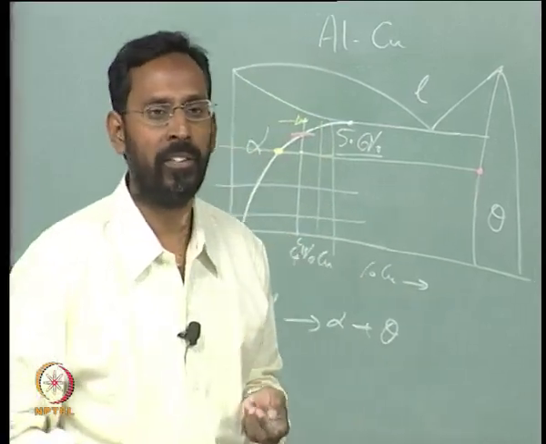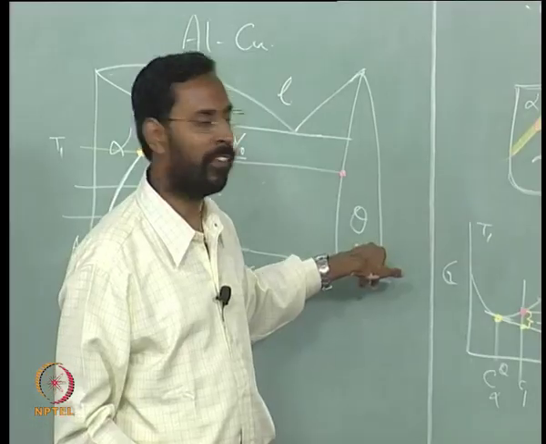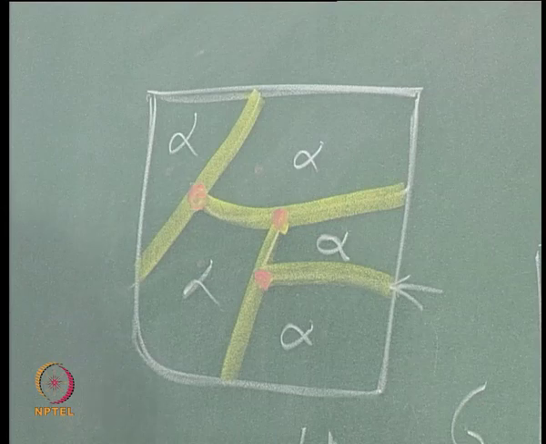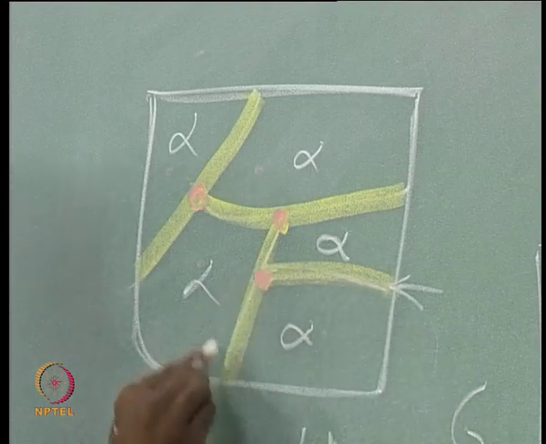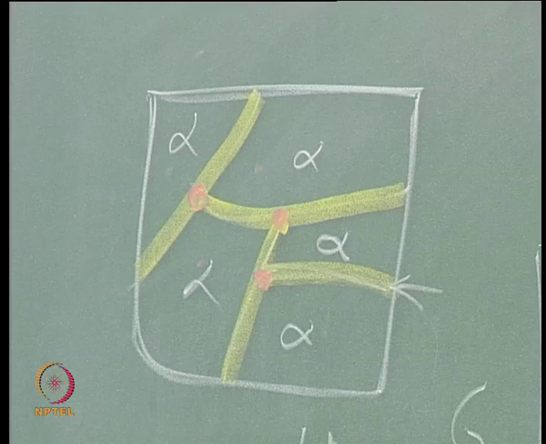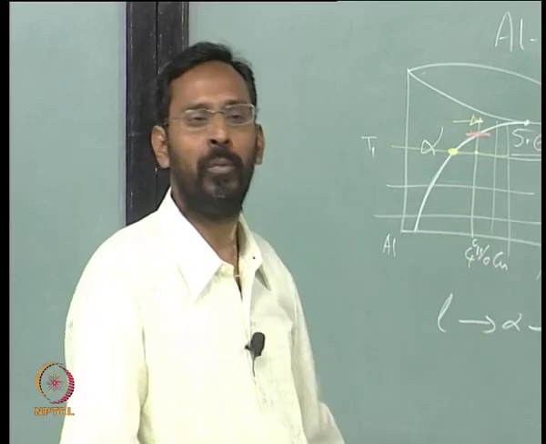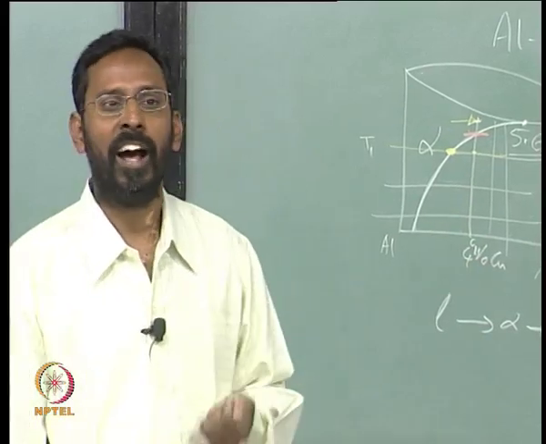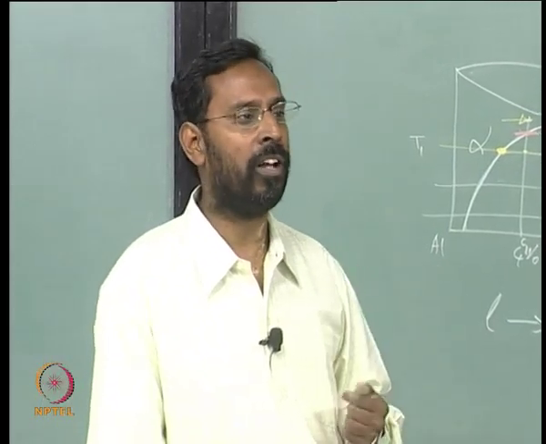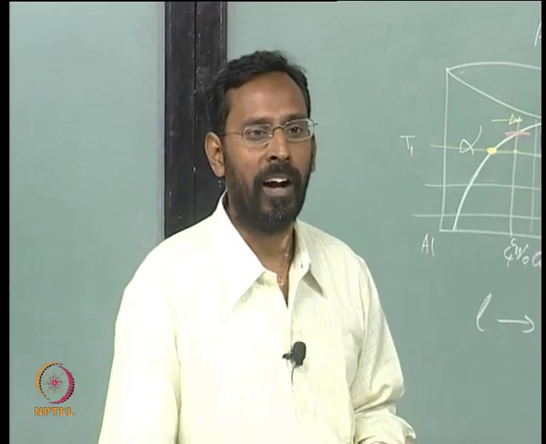Because this is an intermetallic, brittle phase, any crack nucleated here can easily grow through it, and as a result you get intergranular cracking, which makes the alloy very brittle. This is what we do not want, and that is why in high carbon steels the presence of cementite at the grain boundaries of the austenite makes them very brittle.